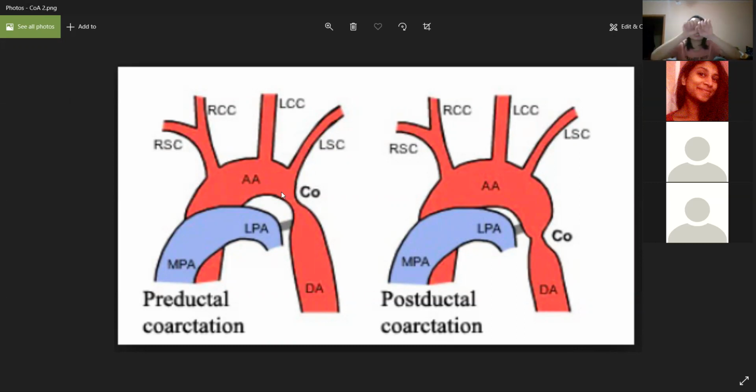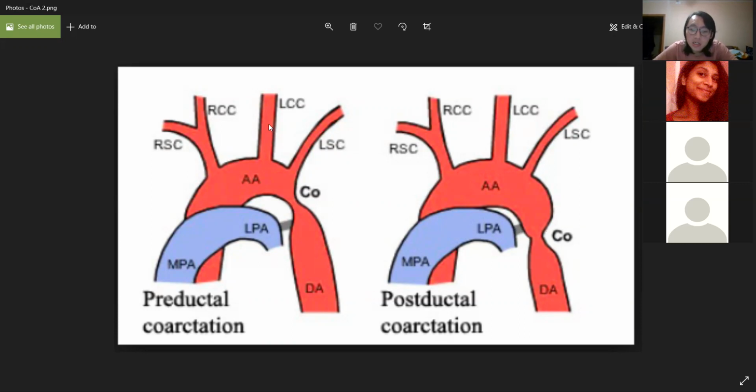It's sort of like a hose, a very elongated narrowing of the aorta, of the tube. And it's not just a notch like in postductal. You see, it's just one notch over here, like a pinch. But here it's like the tube itself, the entire tube itself narrows.